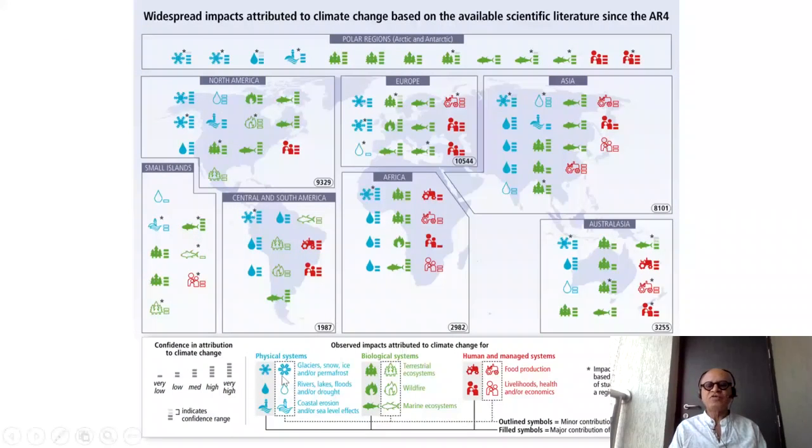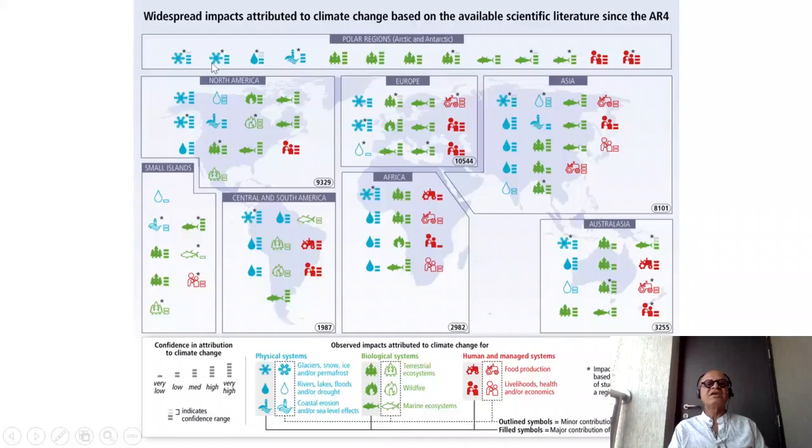And this can probably put a better sense to it. This is a compilation of all the evidence that IPCC could collect to look at all the continents in these sectors, let's say physical systems, glaciers, snow, rivers, lakes, and so on, coastal erosion, biological systems, and human and managed systems like food production, livelihoods, etc., with various levels of confidence going from very low to very high.